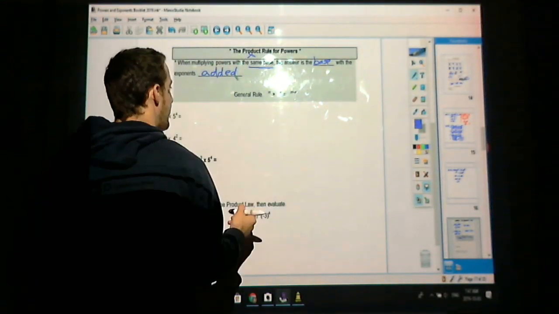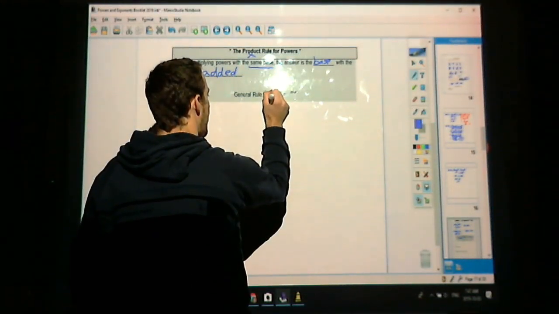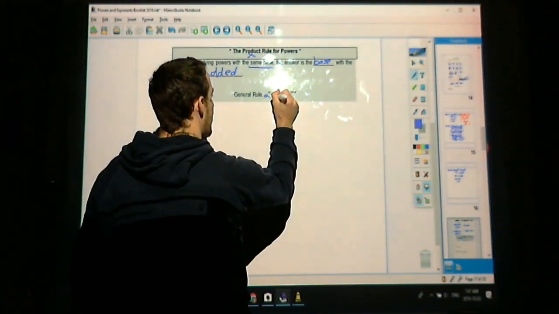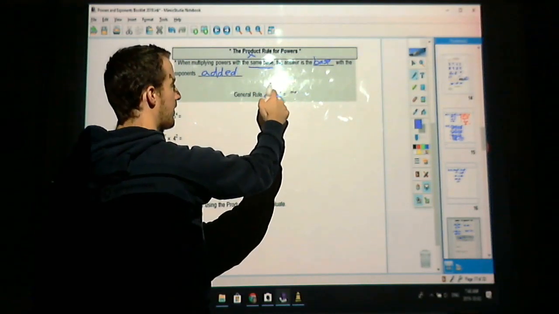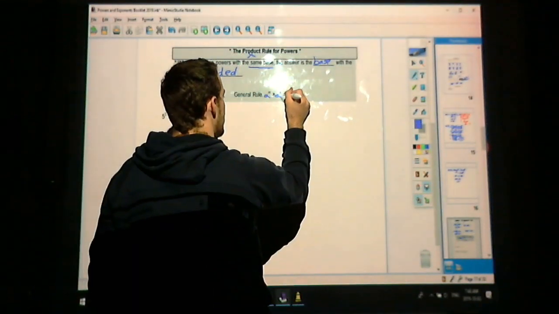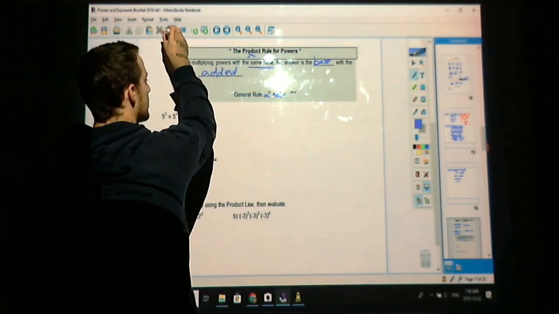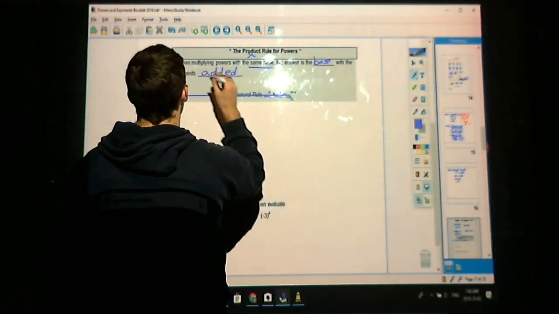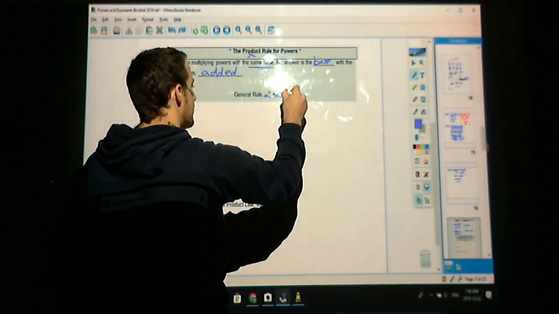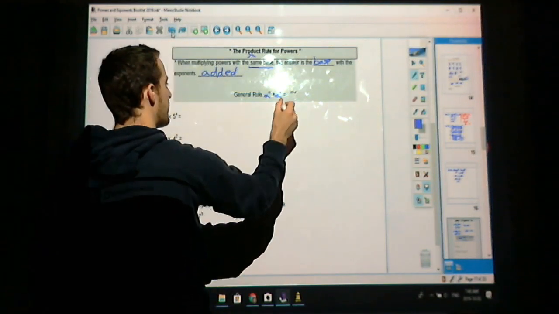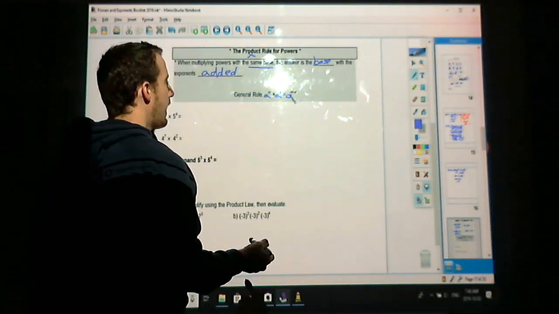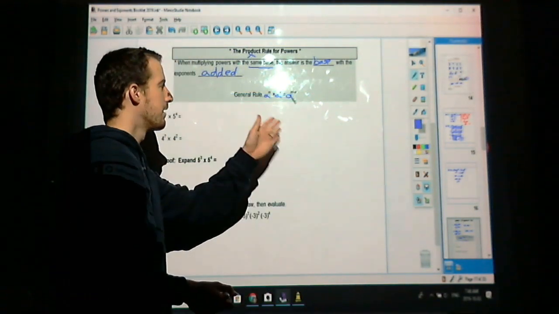So here we could say a to the m times a to the n equals a to the m plus n.